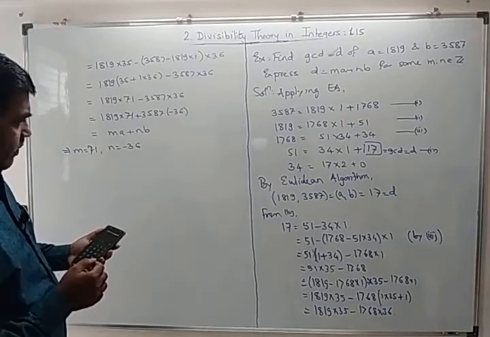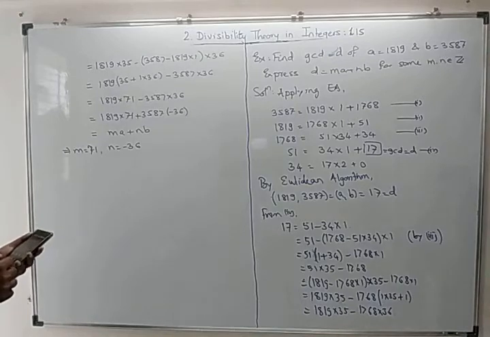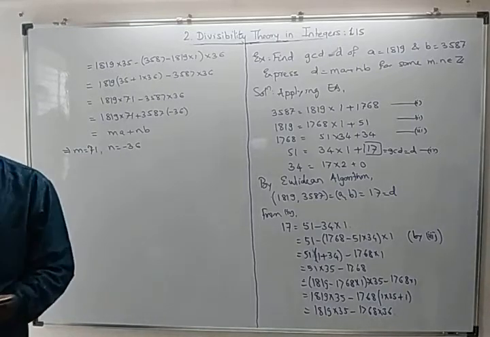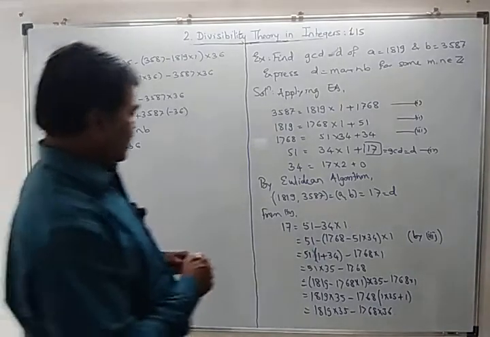So we are not getting 17, we are getting it to be 53. So there is some mistake in calculation. So we have to again check whether it is correct or not.